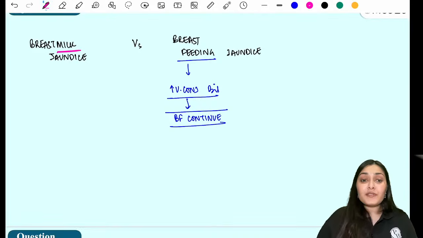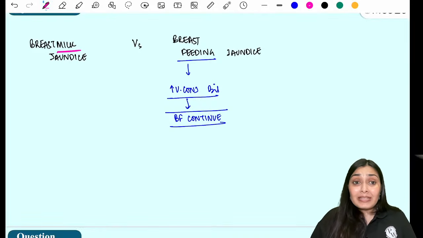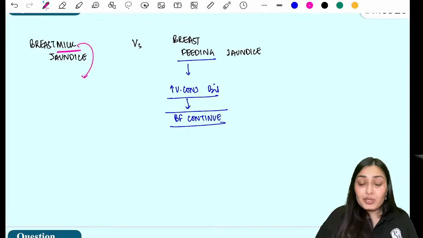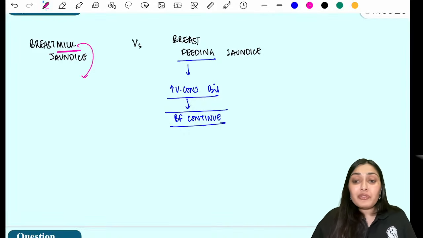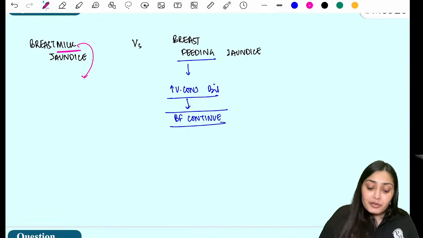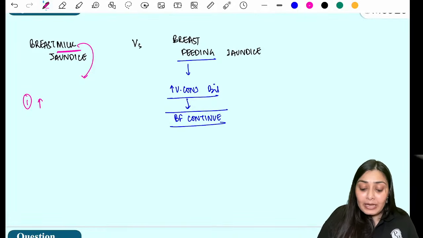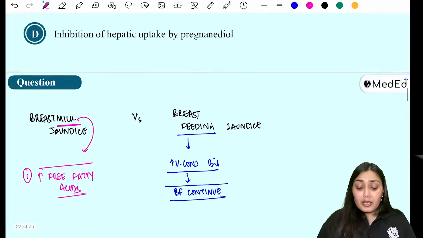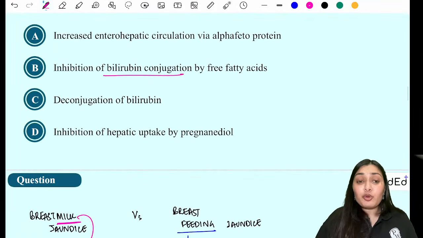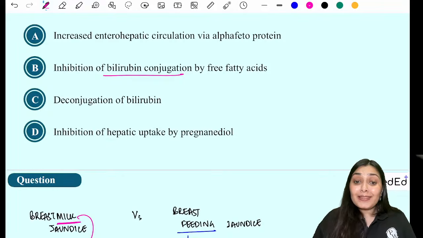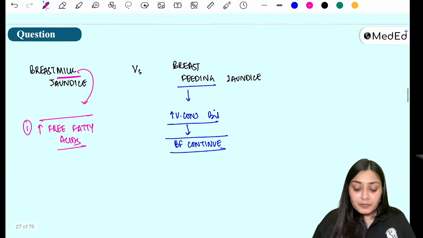On the other hand, what is this condition? Breast milk jaundice. The name itself has milk in it. That means something in the milk that is causing the jaundice. So there are different theories regarding it. First theory says that milk containing high amount of free fatty acids can actually inhibit the bilirubin conjugation and thus lead to increased amount of unconjugated bilirubin.